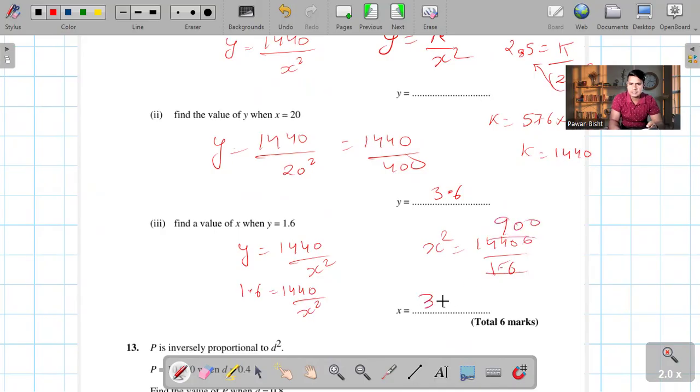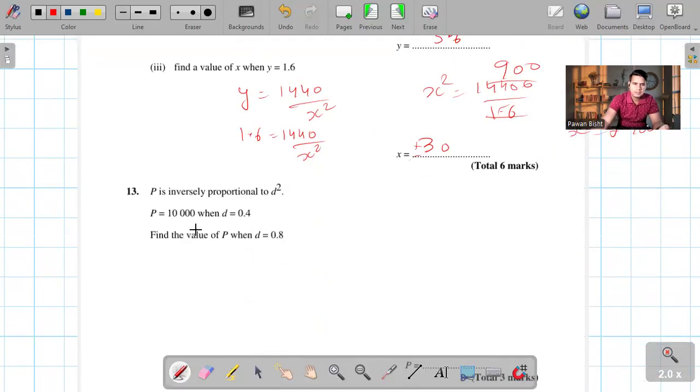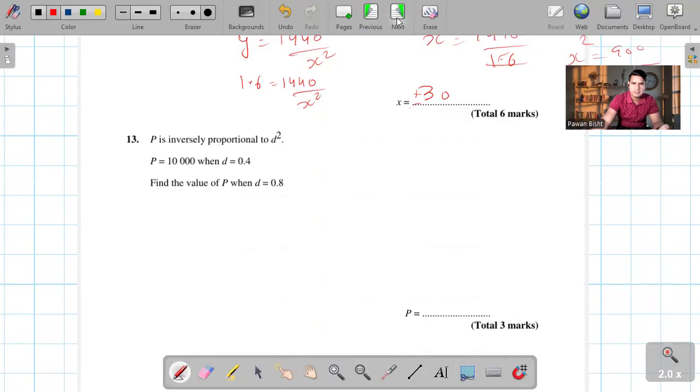So x will be the square root of 900. So x is plus minus 30, because they haven't mentioned here positive or negative. So I write plus minus 30. Okay. Right. 13th I am leaving for you to practice.